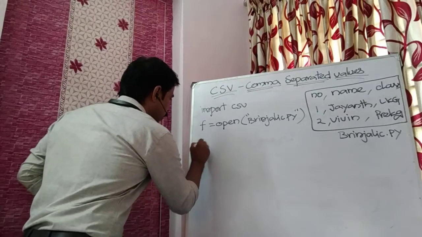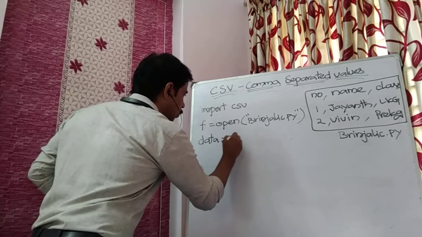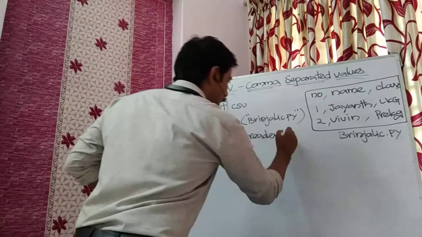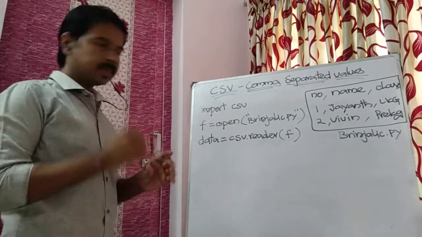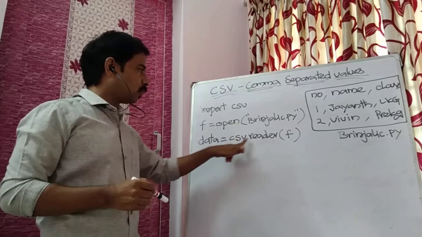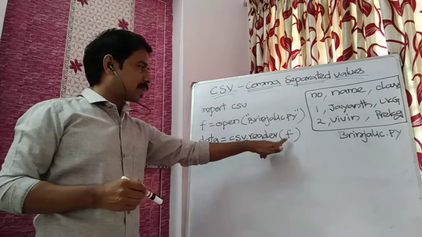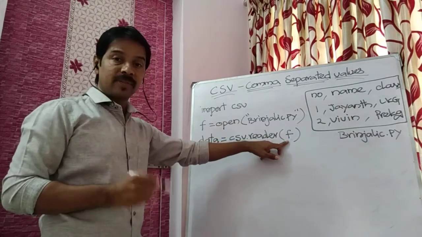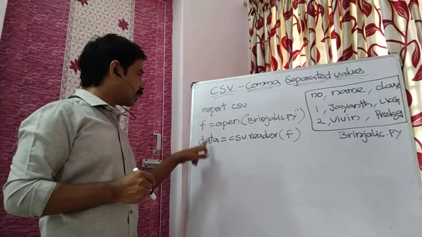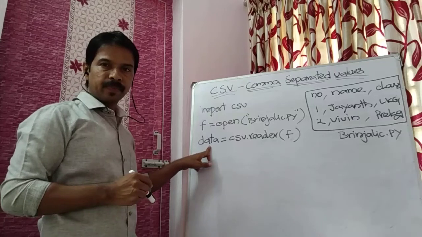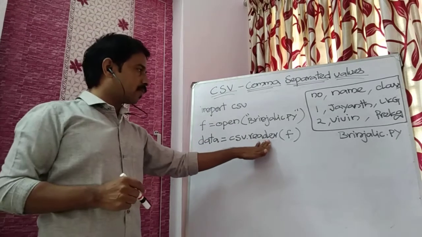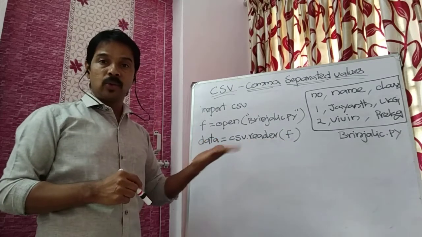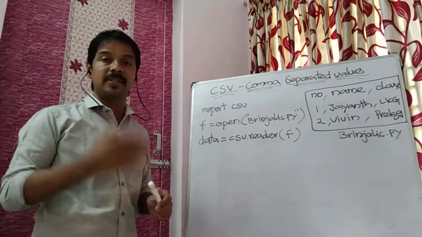Now data equals csv.reader. This reader is a function, and I am giving f as a parameter. In the CSV module we access the reader function, and with f as the parameter it reads the content present in f and stores it inside data. The reader function has two parameters: first, where you get the data from, and second, the delimiter.